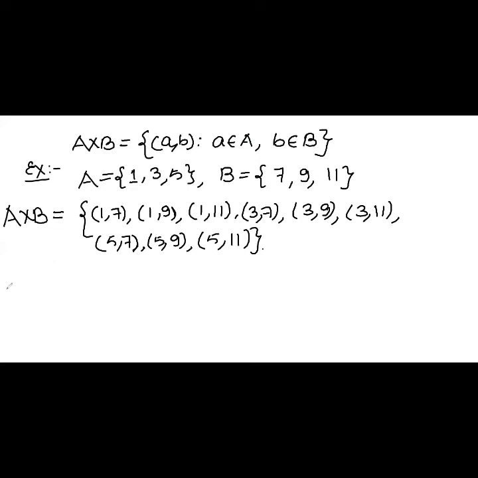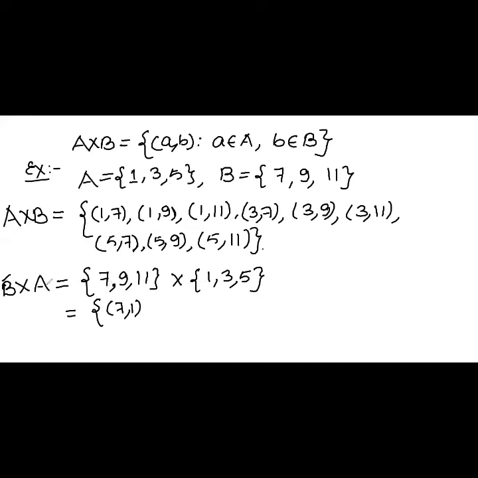Now if we find B cross A, first of all we write the elements of B, 7, 9, 11, and then the second set A, 1, 3 and 5. Whenever we find a Cartesian product, we write the first set's element first, and here your first set is B. So the element of B is written first: (7, 1).